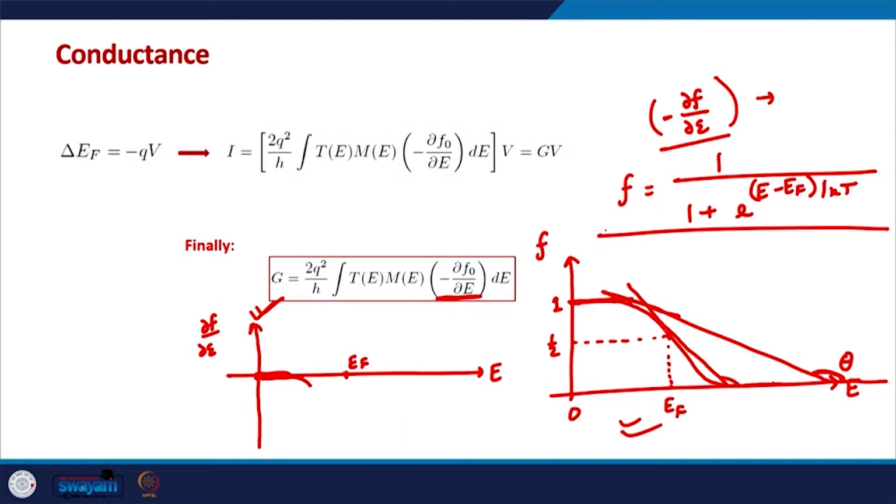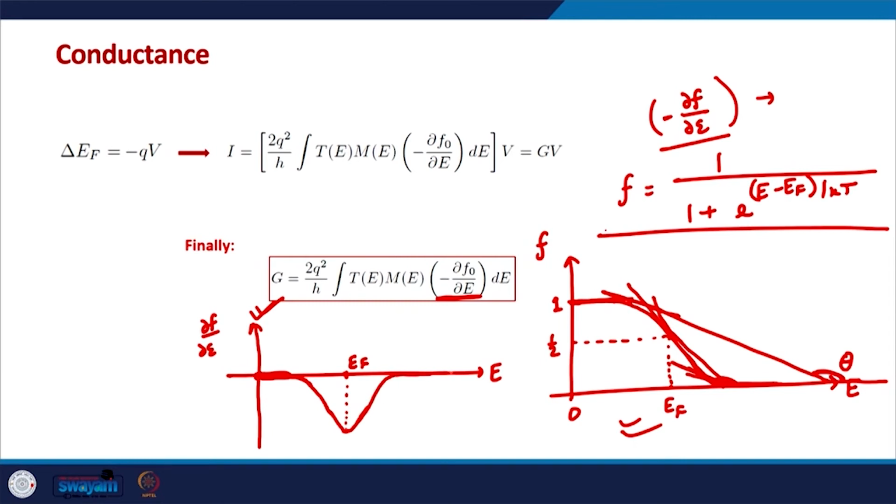Up to the EF energy level, the magnitude of the gradient keeps increasing. After the EF level, the magnitude is again decreasing, and at high energy values, far away from the Fermi level, the gradient again becomes 0.